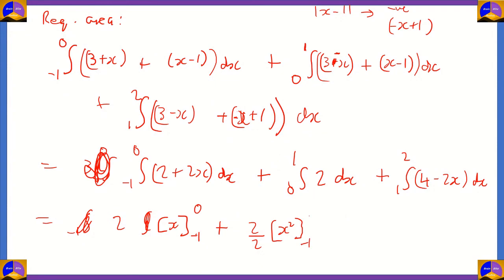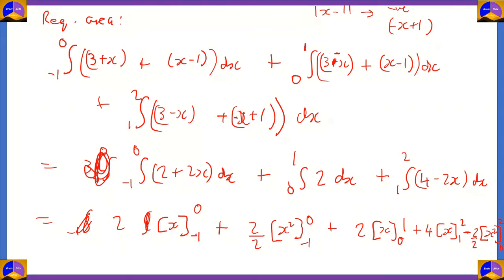The limits are minus 1 to 0. And then you have 2 on the outside. Integral of dx gives you x. This is from 0 to 1. And then plus you have 4 times integral of dx is x from 1 to 2. And then minus 2 times 1 by 2. You will have integral of x dx is x squared by 2. So 1 by 2 is taken out. And then the limits are from 1 to 2.